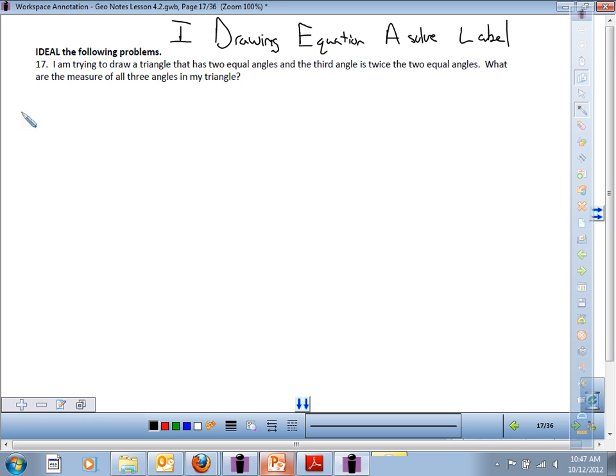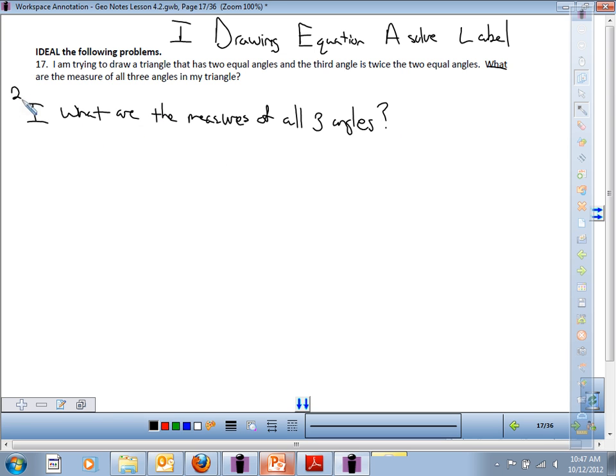Okay. So what are we trying to find out here? What are the measures of all three angles? Now that's a question, so we need a question mark, we need a capital letter. That is a complete sentence.